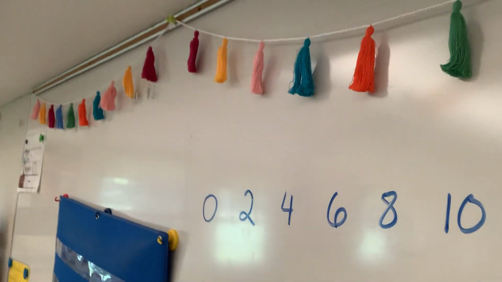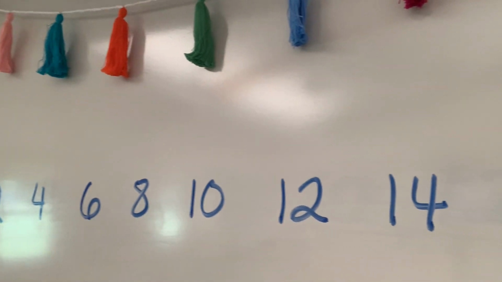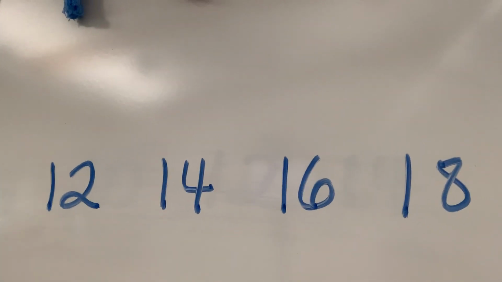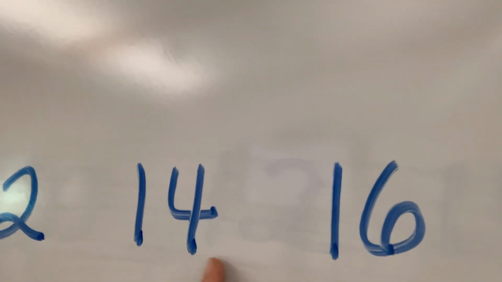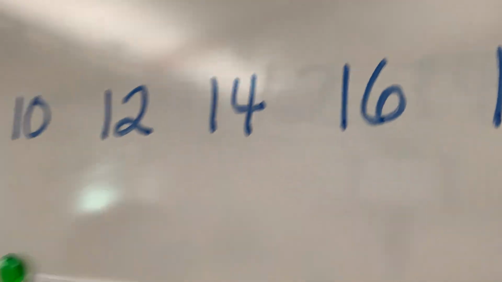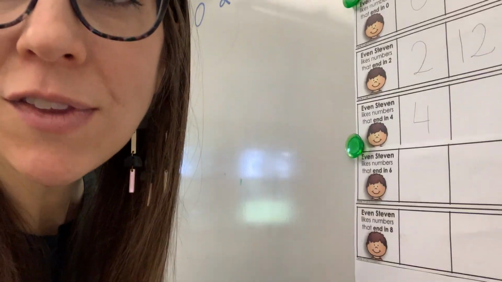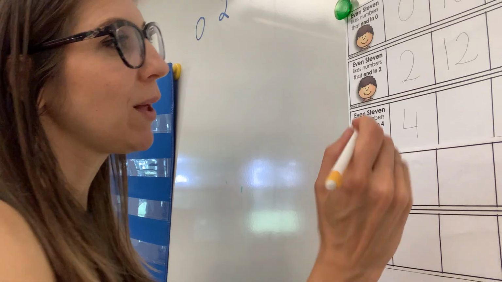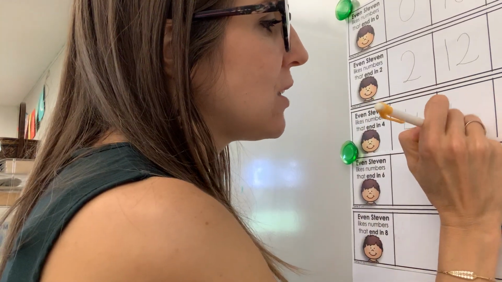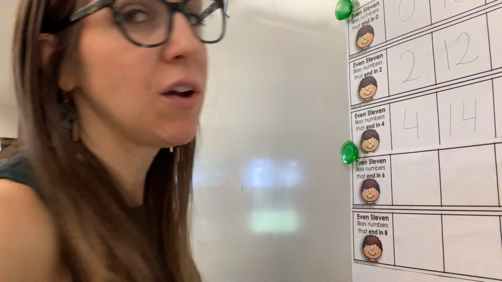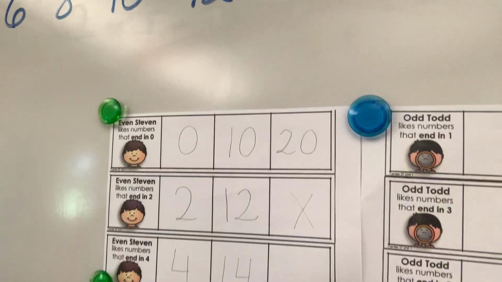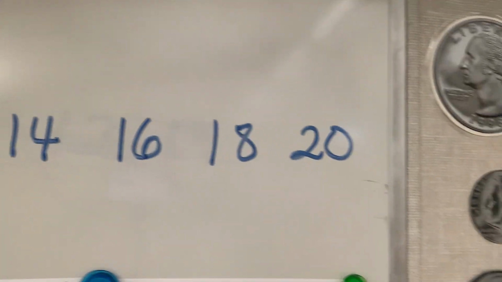Okay, and then let's find another one that finishes with 4. Oh, do you see it? I see it, 14. It starts with a 1 because it's part of the teen family. We'll talk about that later, but it's 14.